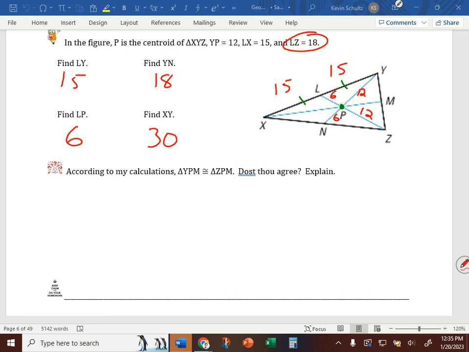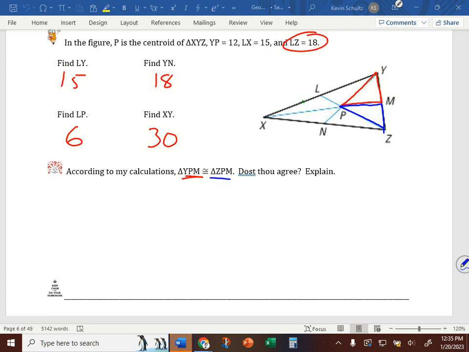According to my calculations, triangle YPM is congruent to triangle ZPM. Do you agree, and why? So YPM is here, okay? ZPM, I'll do that in blue, is there.